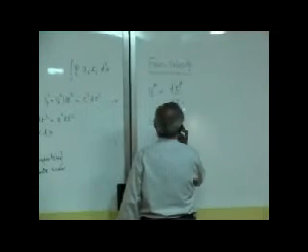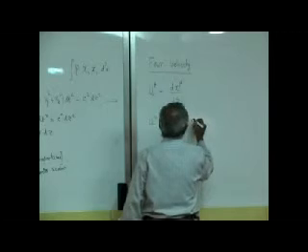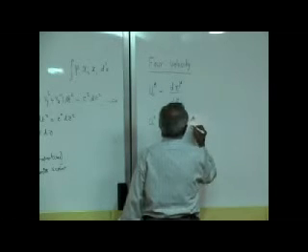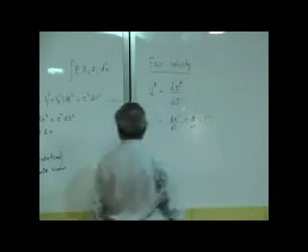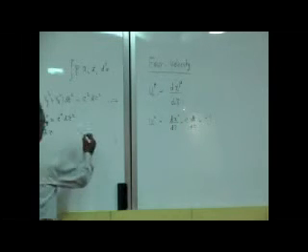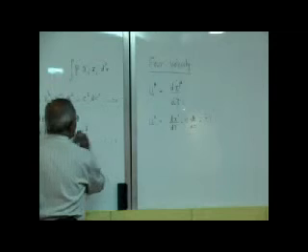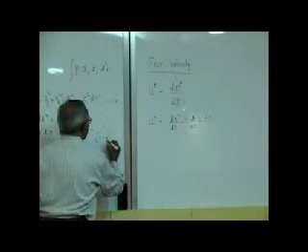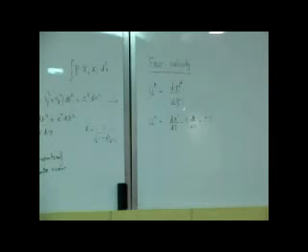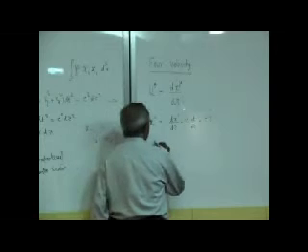U0, which is c dt by d tau, which is equal to c gamma. Let me just remind you, gamma is nothing but 1 by the square root of 1 minus v squared by c squared. What is U1?